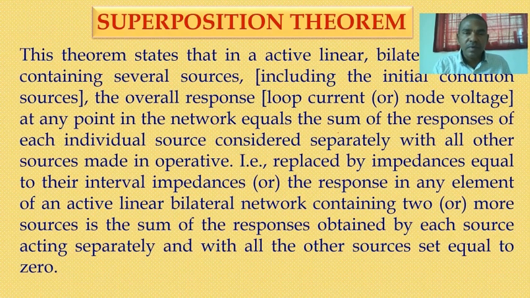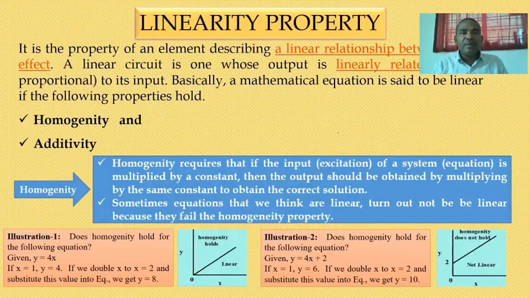So now we will study the linearity property. What is the linearity property? Linearity means cause and effect. If you give some input, you get some output. That is linear, but here the cause and effect must be proportional.